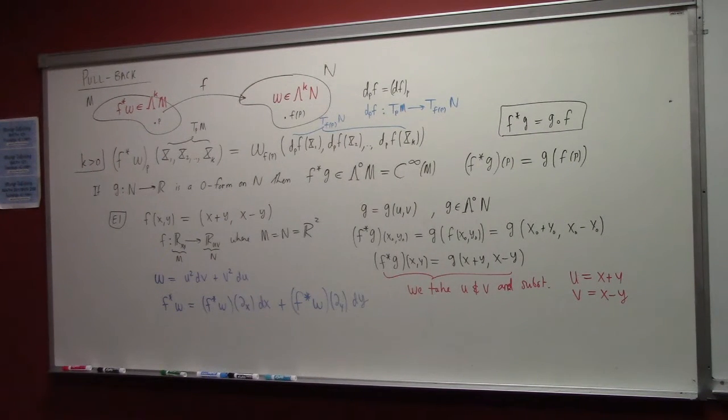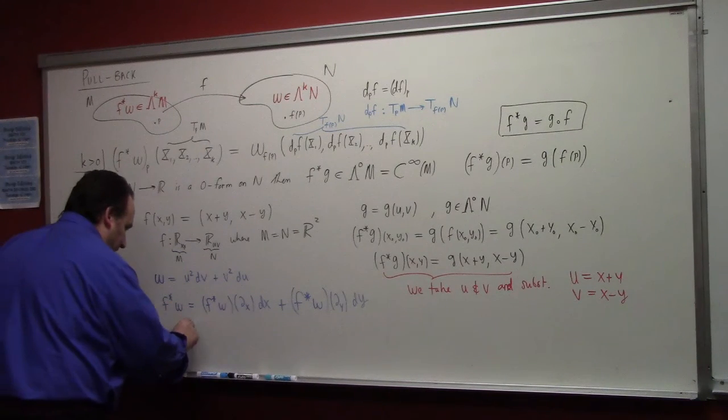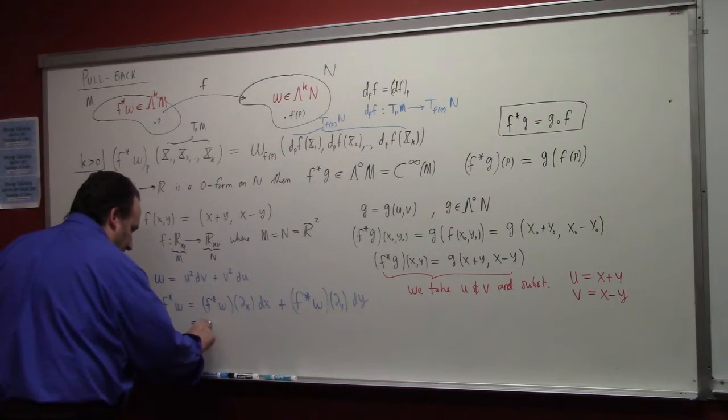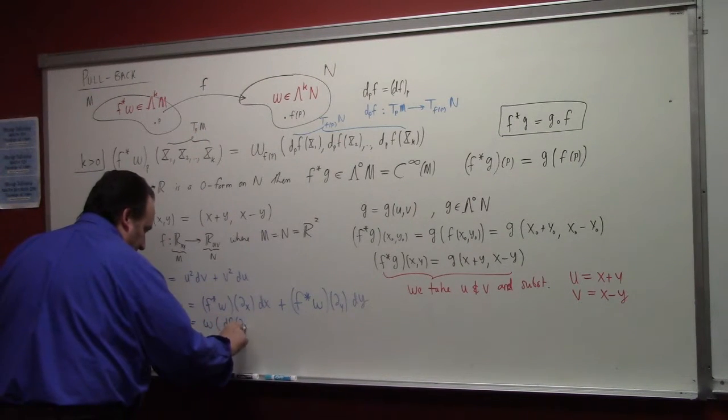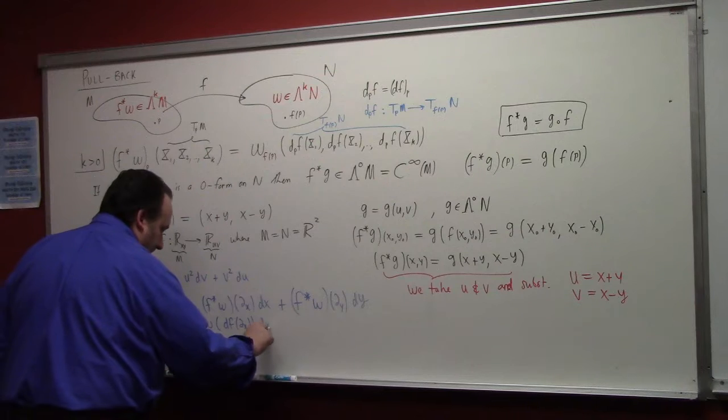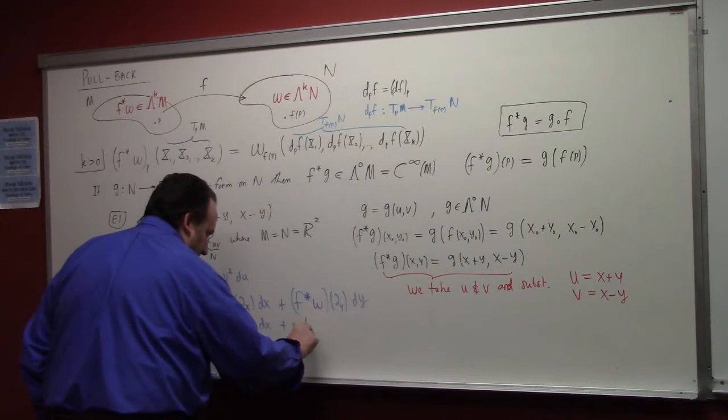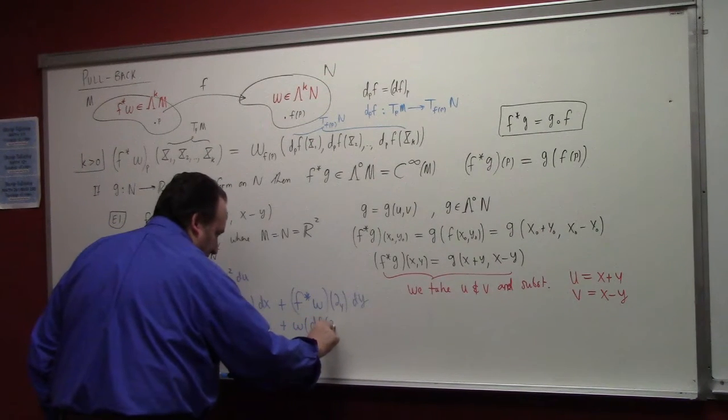Because any one form on the plane using xy coordinates can be expanded as such. Now how does that actually go? This is supposed to be omega of df of partial x, and omega of df of partial y.